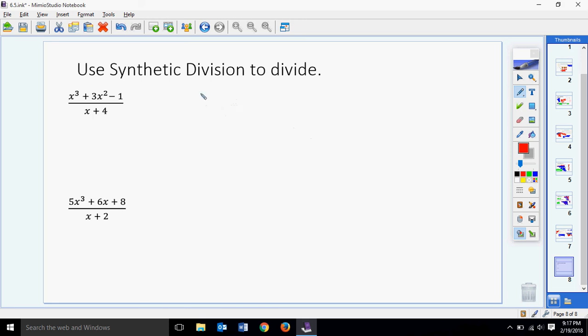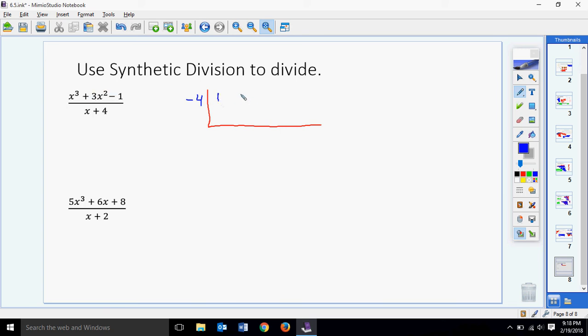So we want to do our upside down division symbol. We could put our k out here first. So remember, it's always the opposite of whatever you see. So look at your divisor, so your denominator. If you see a positive 4, you want to make sure a negative 4 gets put as your k. Now I fill in with my coefficients of my numerator or my dividend. I see an x cubed, and the coefficient of that is 1.